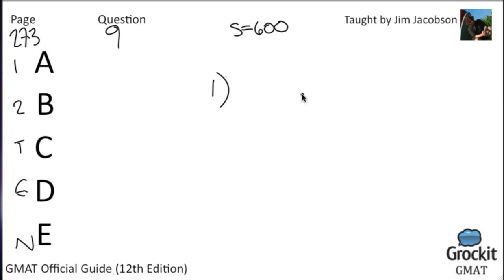Do we get it? Statement 1 says, Pat spent 1/2 of his earnings last month for living expenses and saved 1/3 of the remainder. So his total earnings, let's just imagine it's a pie. He spent half on his living expenses, and then he saved 1/3 of the remainder.